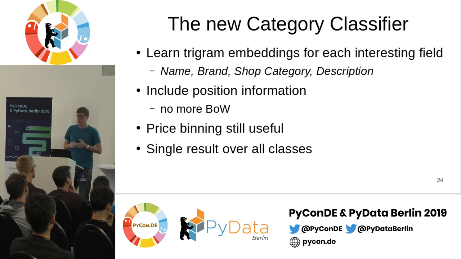We included position information, so that's an improvement, no more just bag of words. Another change was no more 2,000 different classifiers. One classifier now hands out one result over all classes, which is rather nice for comparing the results.